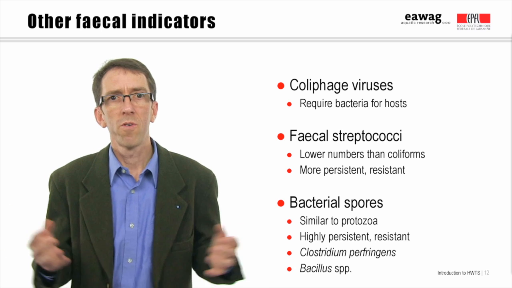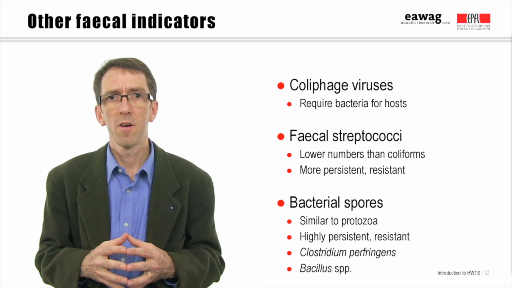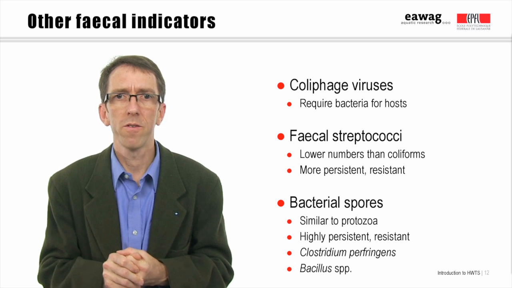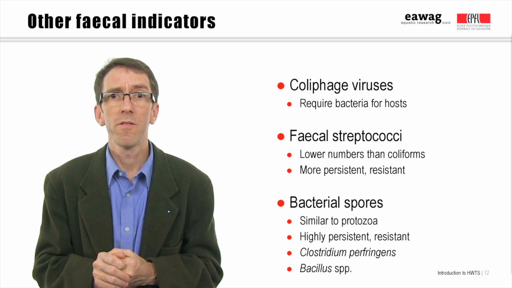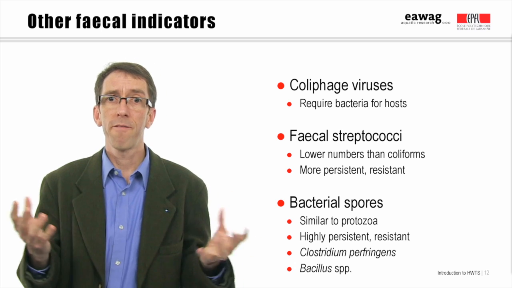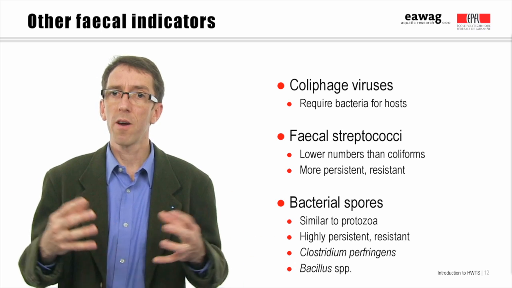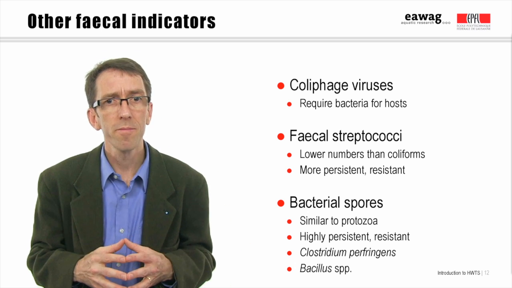While E. coli or thermotolerant coliforms are the most commonly used indicator species, other indicators might be more relevant for certain purposes. Viruses travel in the environment very differently than bacteria, so one might want to look at coliphage viruses that require a bacteria host to survive as an indicator for viruses.